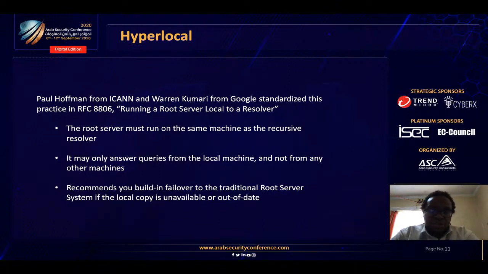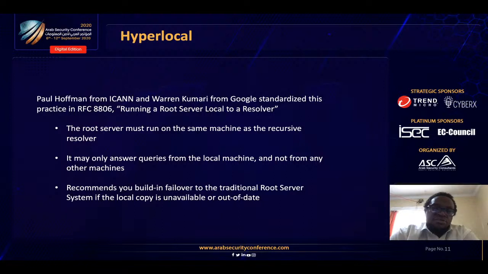It should run locally, and it can only answer queries from the local machine, and not from other machines. In other words, only your customers for whom you've configured your recursive resolver settings can access that machine, and that machine will answer queries only to those customers and to no external ones.